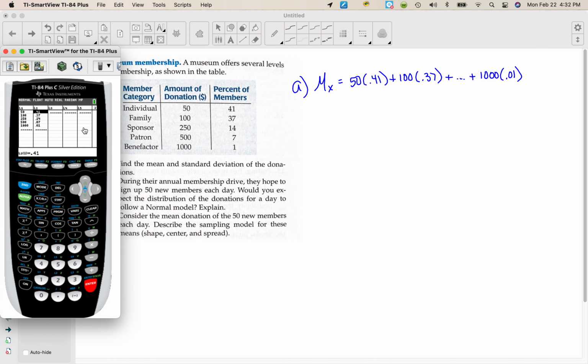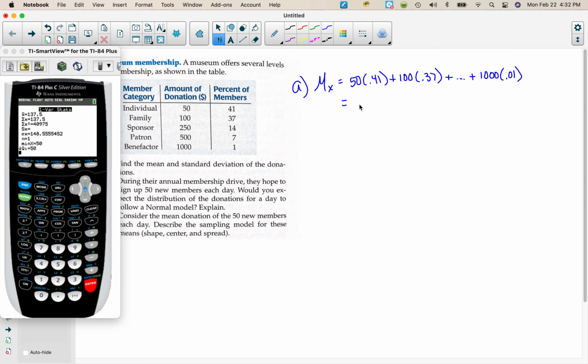We could type the amount of donations into L1, the percentages into L2, and then what we're going to do is stat, calc, one variable stats, with L1 and L2 as our list and frequency list. When we calculate that, we get 137, and this would be dollars. $137.50, which is what you would get by hand.